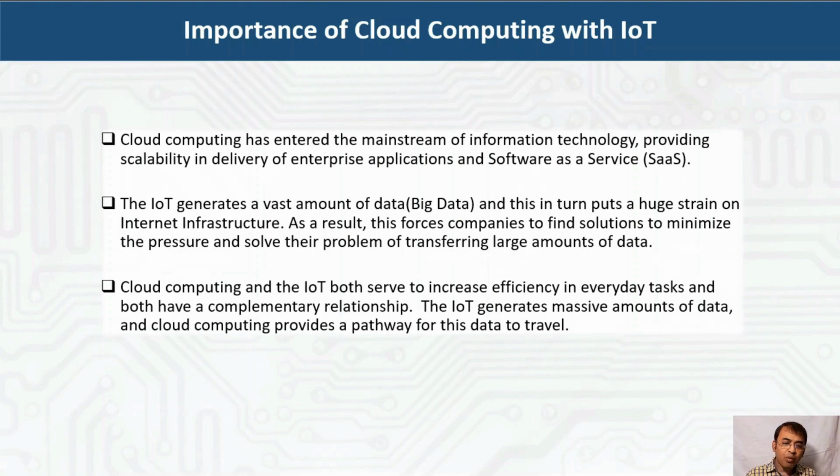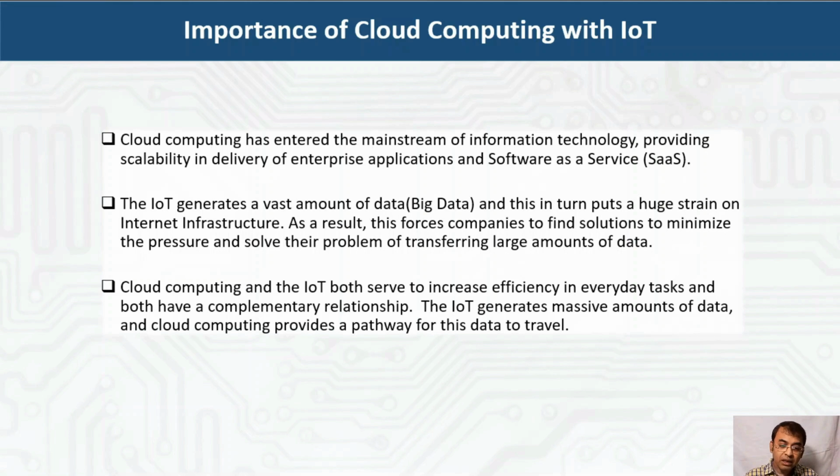The importance of cloud computing with IoT. Cloud computing has entered the mainstream of information technology, providing scalability in delivery of enterprise applications and software as a service, as I already told you. The IoT generates a vast amount of data, basically called big data, and this in turn puts a huge strain on internet infrastructure.